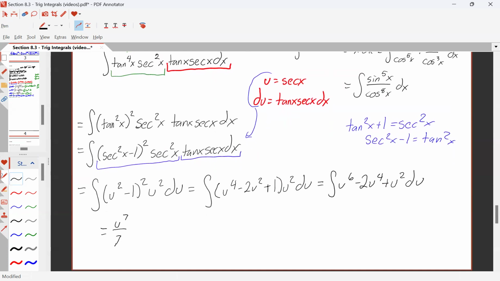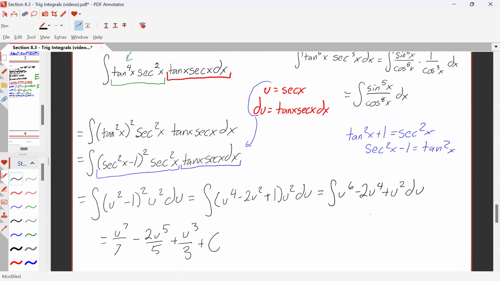It becomes u to the seventh over 7 minus 2u to the fifth over 5 plus u cubed over 3 plus c. Now we've taken the antiderivative, we can plug our u back in, which was secant. So we get secant x to the seventh over 7 minus 2 secant x to the fifth over 5 plus secant x cubed over 3 plus c.